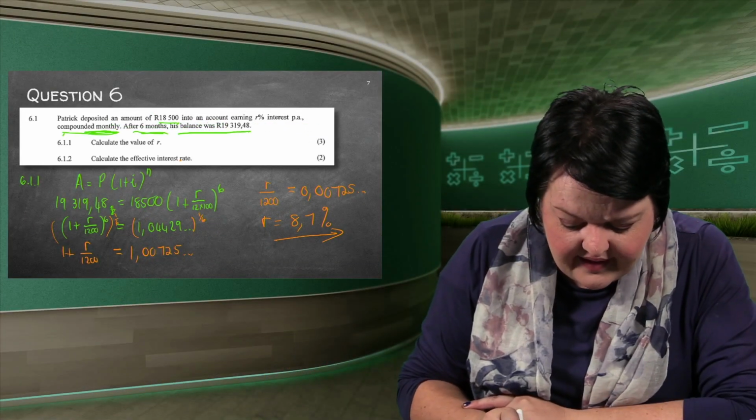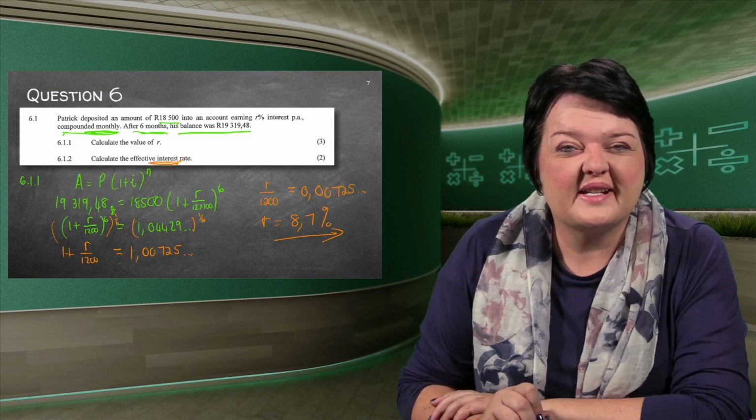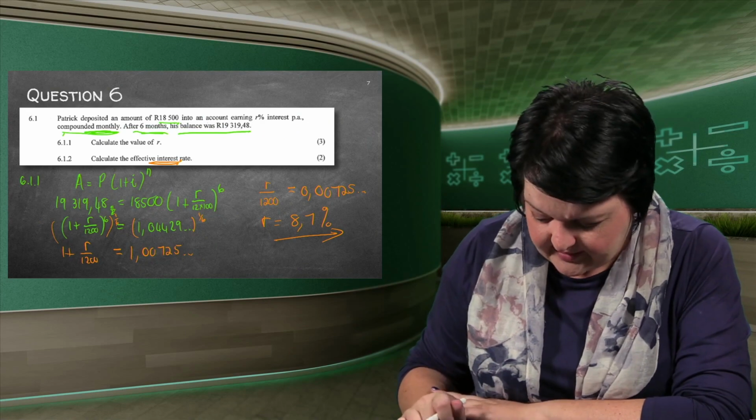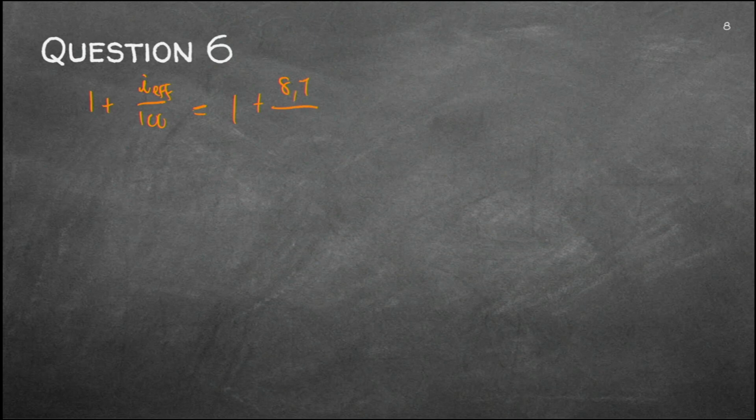Next question, the effective interest rate. So please remember, effective interest rate, you must know the formula. So we can say 1 plus i effective over 100 is equal to 1 plus the 8.7 over 100 times 12, it's still monthly compounded, to the power of 12.